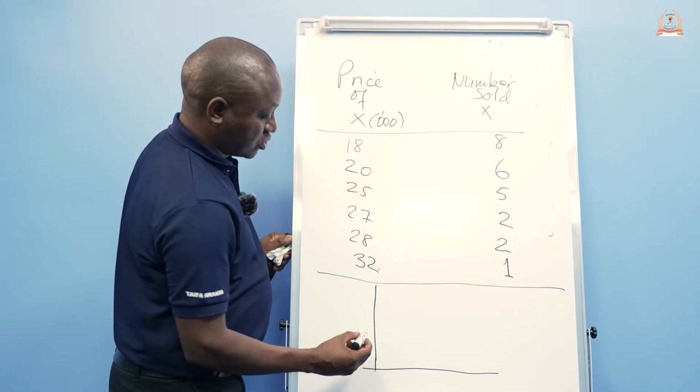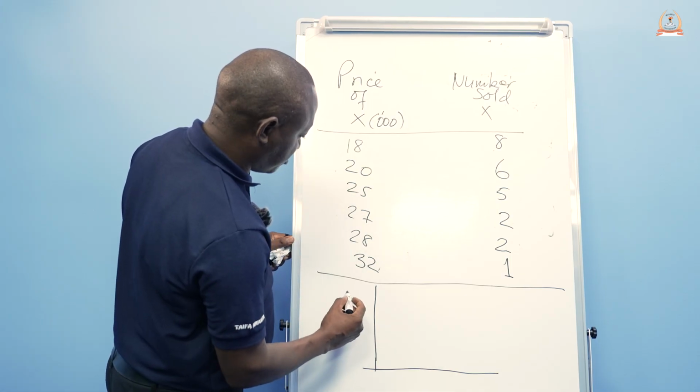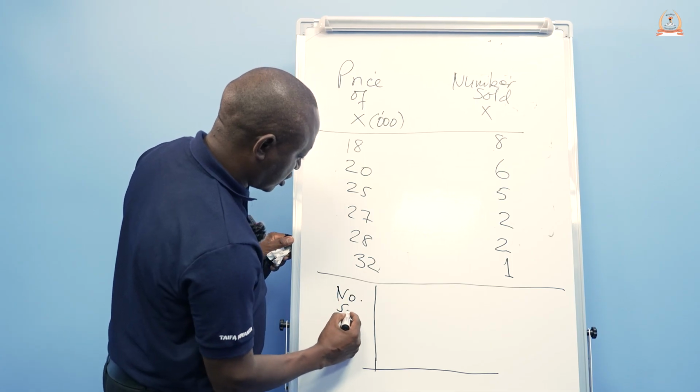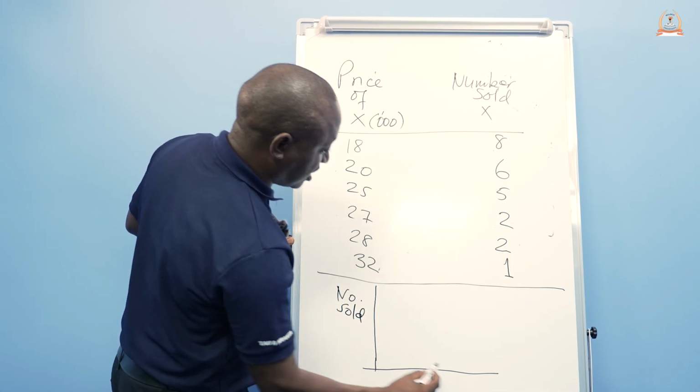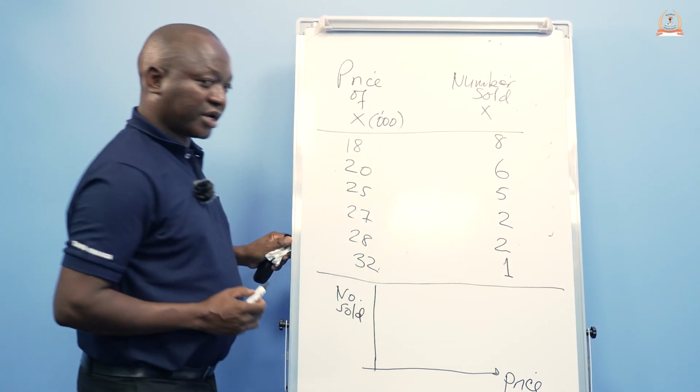So we assume the number sold will definitely be on the y-axis. So this is the number sold, and then the price will be on the horizontal axis here. This is the price.